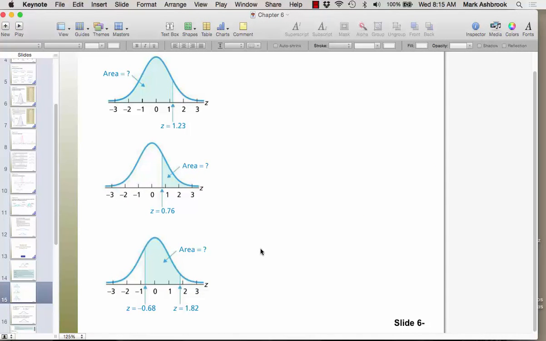So for z equals 1.82, it's going to give us an area of 0.9656. Tell me again. 0.2483, sorry.